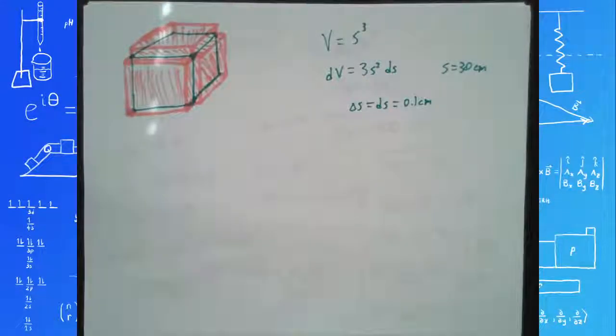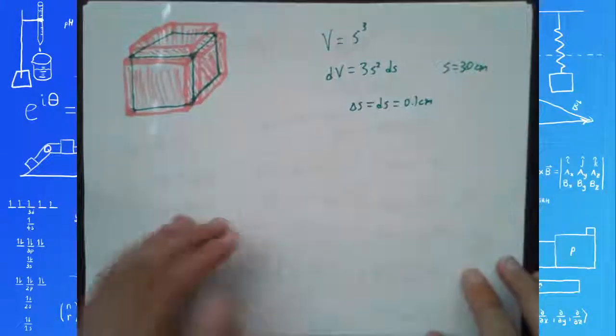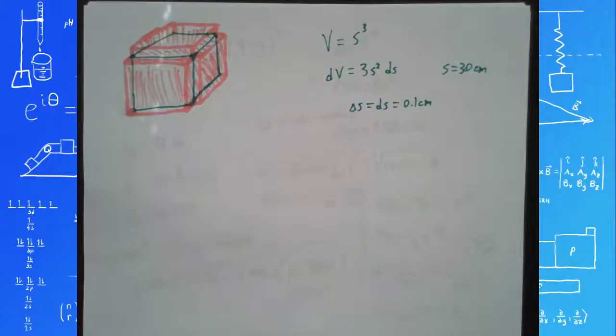Over here. Actually, let's go ahead and draw in the missing parts that don't get caught in your dV. dV is just this pink volume, the volume of these three pink layers that I add on.